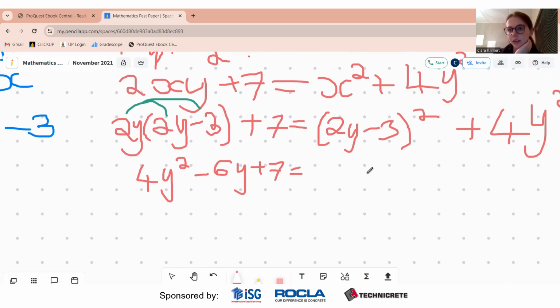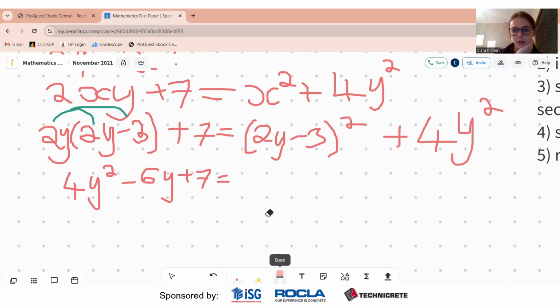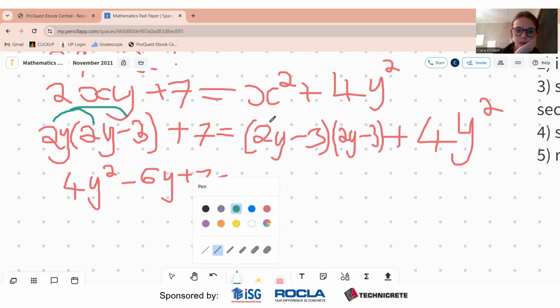I need to FOIL this expression out. It is very difficult to FOIL it when there's a square there. It's very difficult to FOIL when you don't have two brackets multiplied by each other. So to help me FOIL correctly, I'm going to write out the square like this, 2y minus 3 times 2y minus 3. So to FOIL this out, I have 2y multiplied by 2y, which is 4y squared.